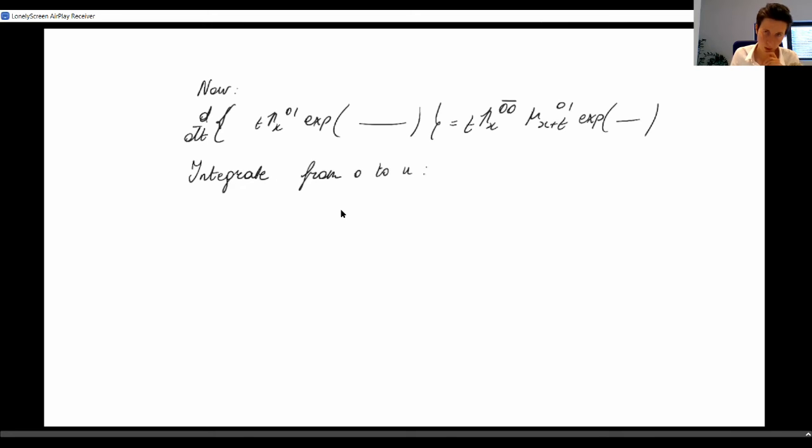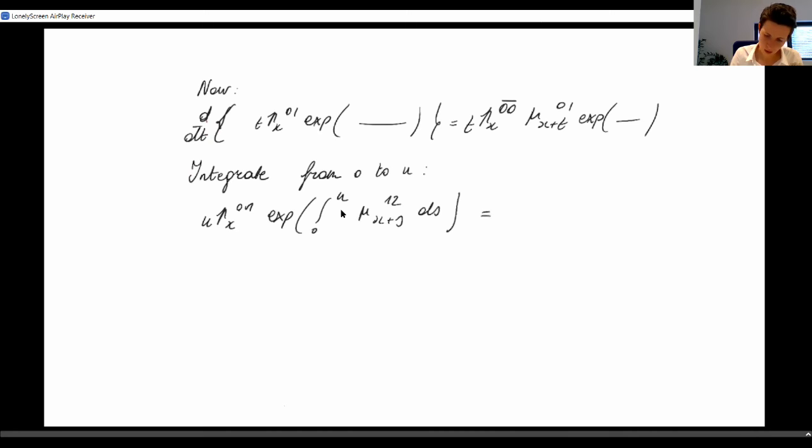Okay, so if you see at the left hand side, I'm going to take the integral of this derivative thing. So that is going to be u px01 multiplied with the exponential integral from 0 to u of mu x plus s12 ds.